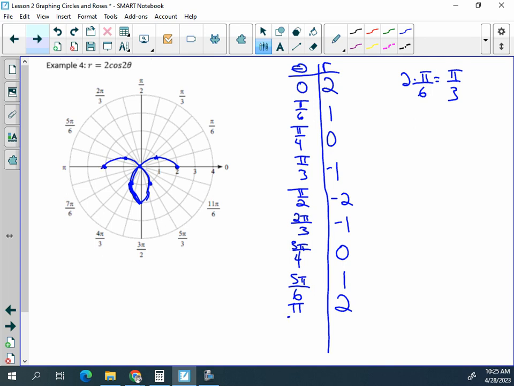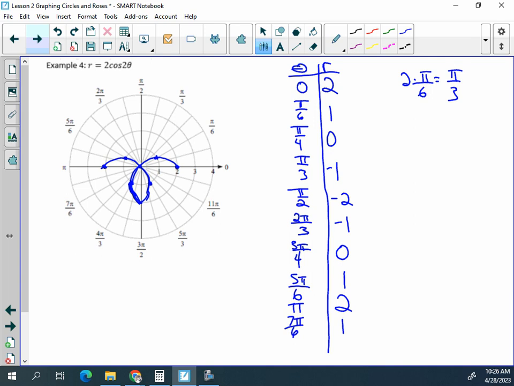All right, we're getting there. 7 pi over 6. If I multiply that by 2, I get 7 pi over 3, which is in the first quadrant. And cosine of 7 pi over 3 is 1/2, times 2 is 1.